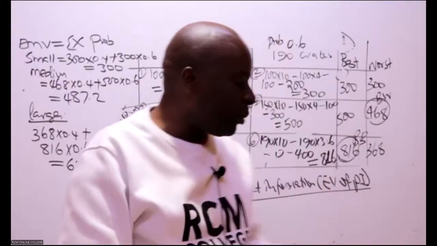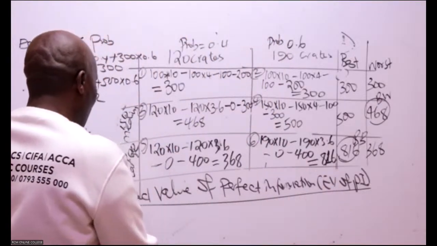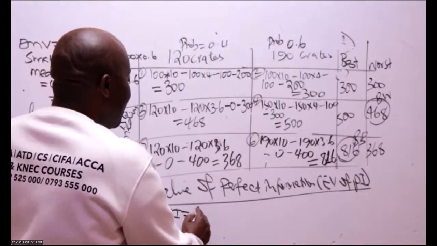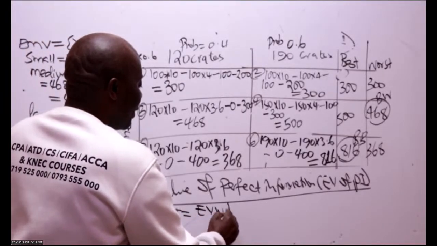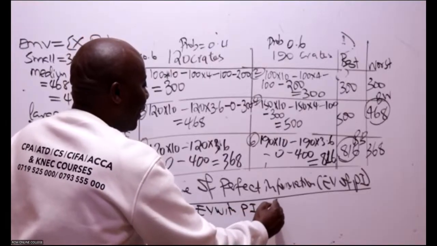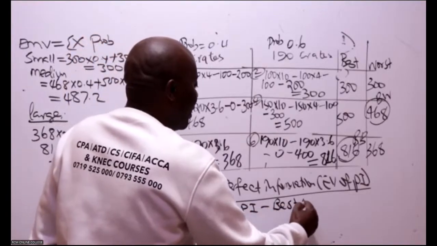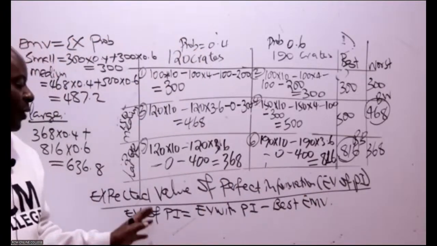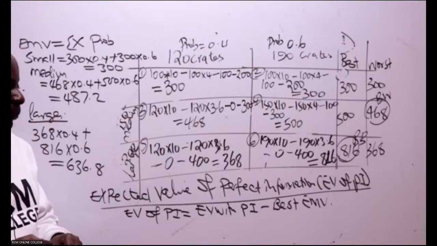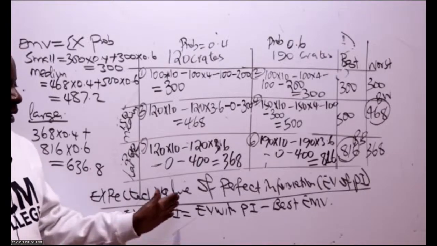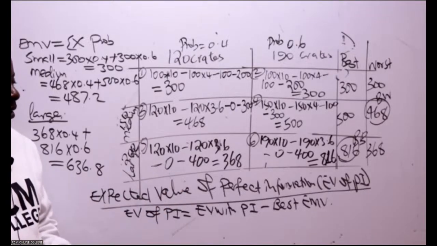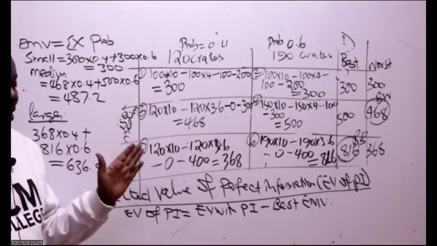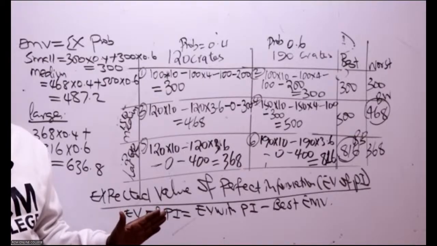Experts. And for us to get this expected value of PI, EV of PI, we normally take EV with PI minus best EMV. So please write up to there that expected value of perfect information equals expected value with perfect information minus best EMV.